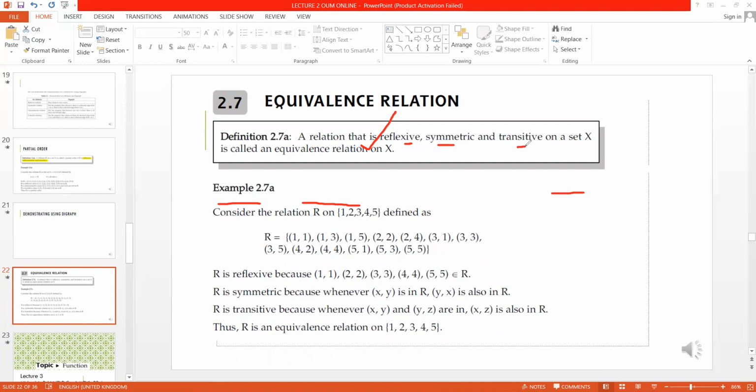An equivalence relation. And it's also simple. All you need to do is to check if the relation is reflexive, whether it's symmetric, and whether it's transitive, like we did in the previous example.